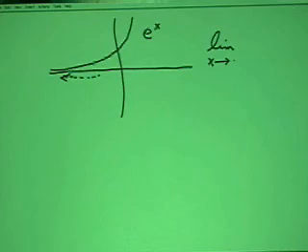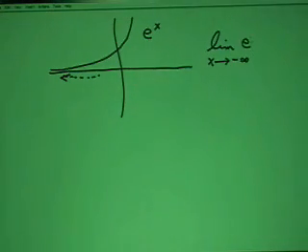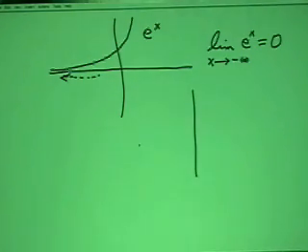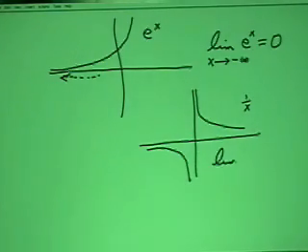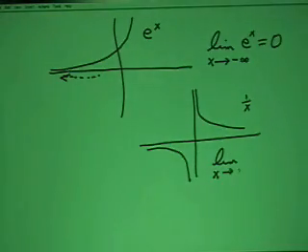The limit as x approaches minus infinity of e to the x should be 0. Another example, if we had the function 1 over x, which looks like this, it shouldn't surprise anybody that if we talk about the limit as x goes to plus infinity of 1 over x, the answer is going to be 0.